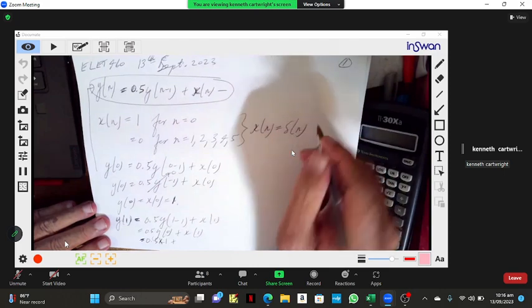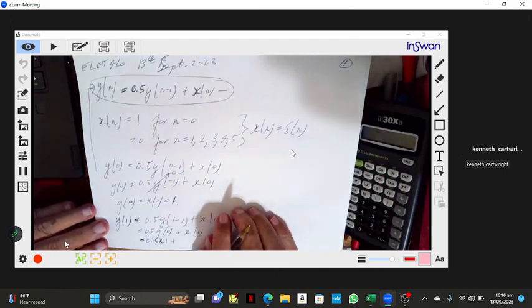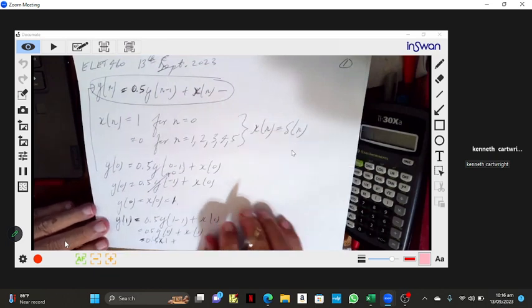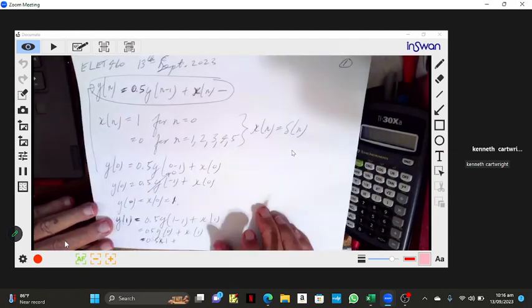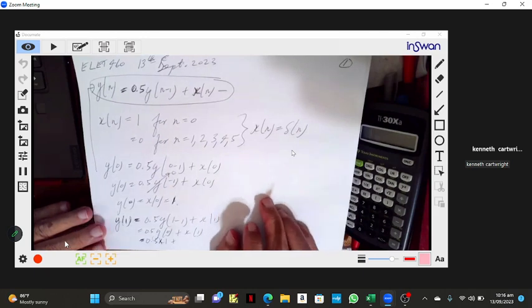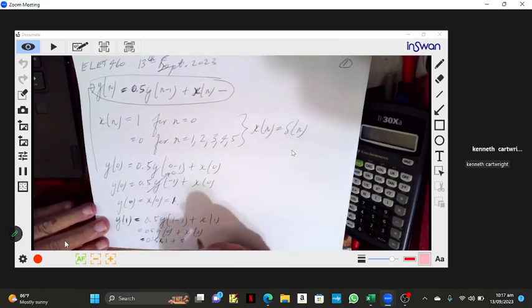That's the definition of impulse. Just like in the last problem, x was u of n. In this problem, x is an impulse. So x of 1 is 0 down here. So y of 1 equals 0.5.